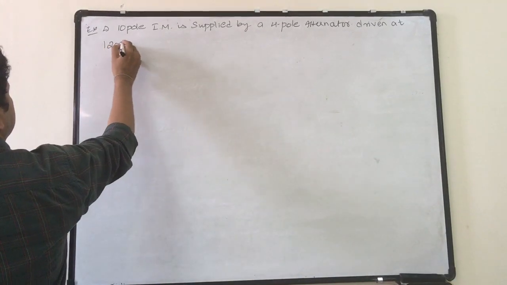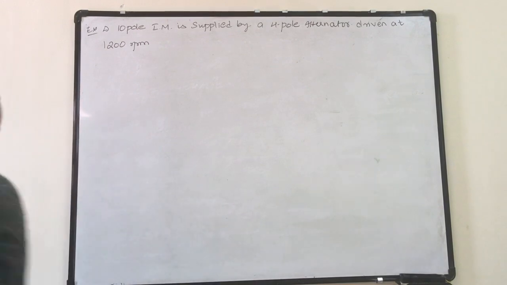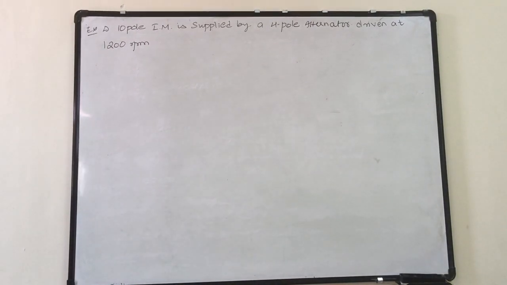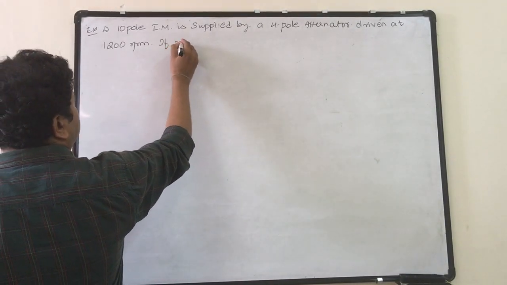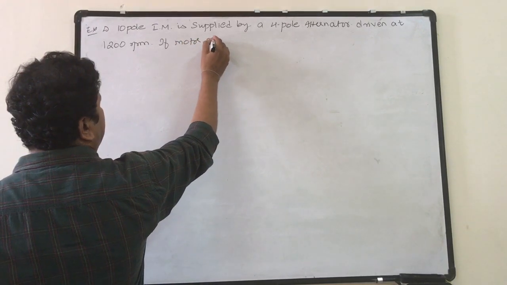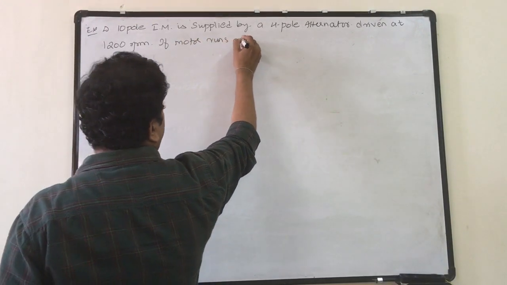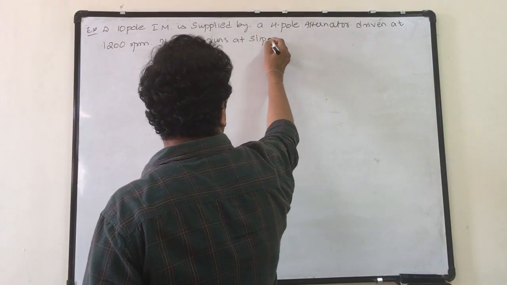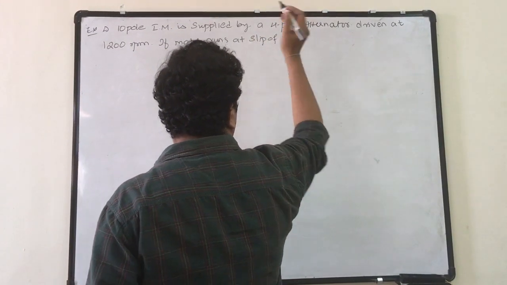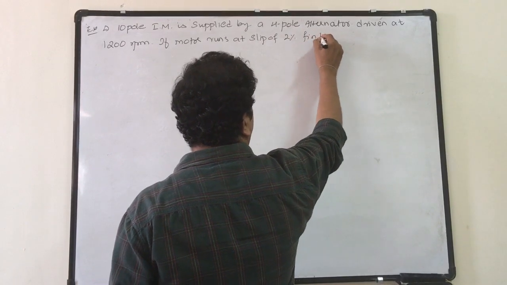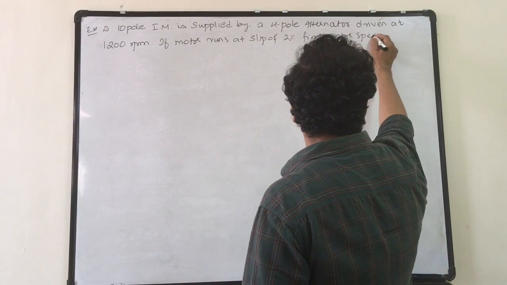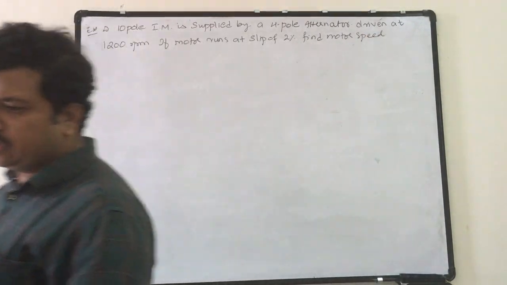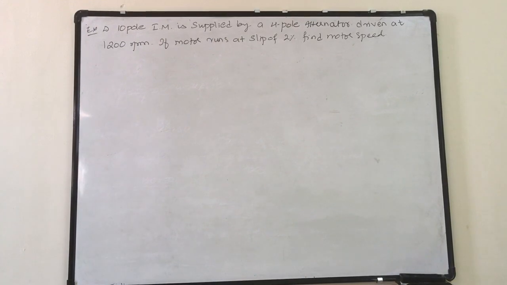If the motor runs at a slip of 2%, find the motor speed.